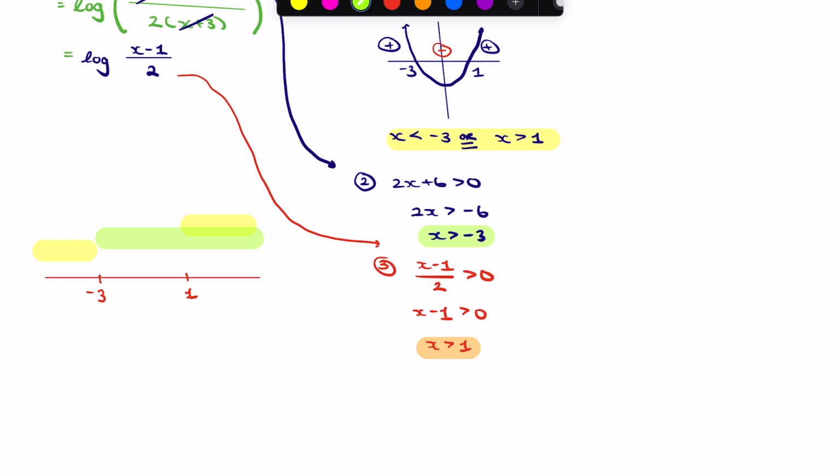And for our third restriction, x has to be greater than 1. So the point at which all of these hold, or the most restrictive, as we can call it, would be when x is greater than 1. And so that will be our restriction. Therefore, x has to be greater than 1.